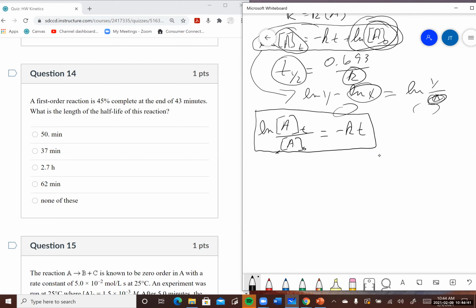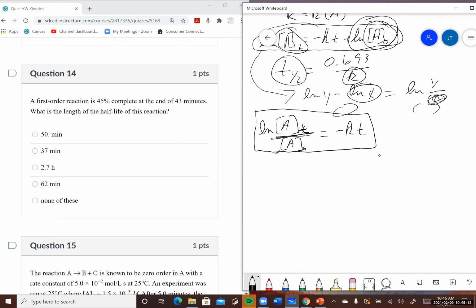So this tells me the concentration at time t divided by the initial concentration. Does that equal 45%, or 0.45, or something like that? So you think about it for a while, and after you get comfortable with the definitions, you're going to say to yourself, no, it doesn't. This is the concentration at time t.